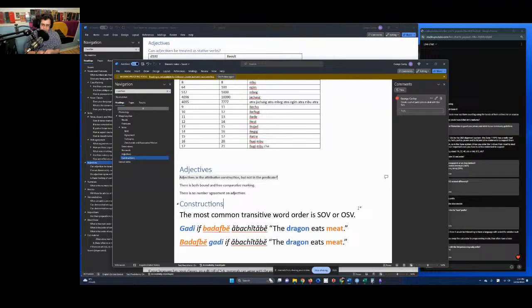We can just switch whatever's the topic to the front, and then we're going to have the language done to the point where we can start translating soon.